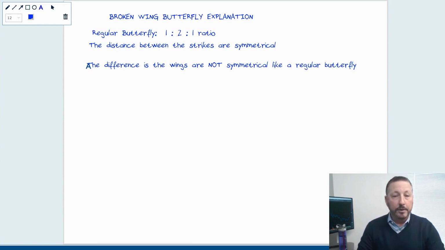Again, could be bullish, could be bearish, but by skewing the strikes and having a long spread that is wider than the short spread, it gives us more delta, or more direction. So let's take a look here.